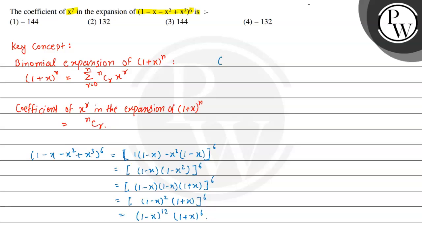Now we can write the coefficient of x^r in the expansion of (1 + x)^6. Here n is 6, so we can write this as 6Cr.